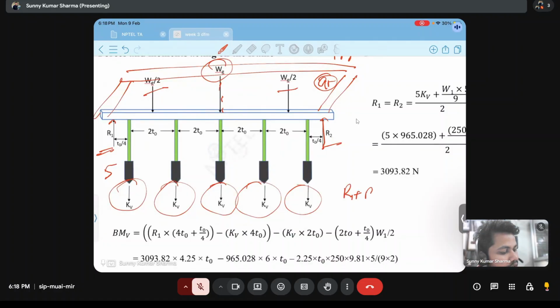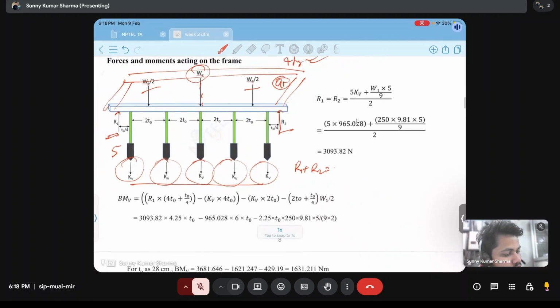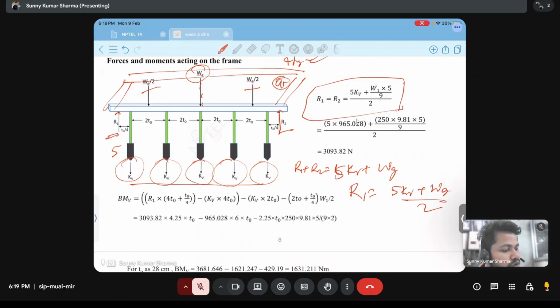R1 and R2 will be balanced by the whole 5 kV and the weight of the frame. So R1 plus R2 will be 5 kV plus WG. We need to know only R1 or R2. So R1 will be 5 kV plus WG by 2, which has been shown here.